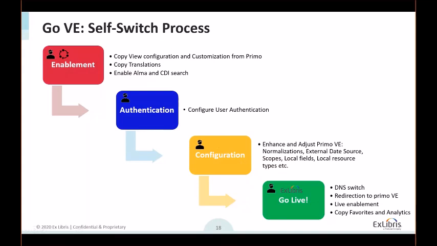And when the institution is okay with Primo VE and it functions as they wish, they can go live with Primo VE. This step is done together with Libris. The customer can open a case to go live and then coordinate with Libris for the DNS switch and enable Primo VE for live use. There is also a redirection from Primo to Primo VE, so users that have Primo links will be redirected to Primo VE.